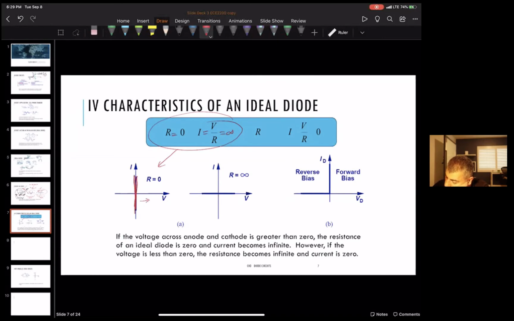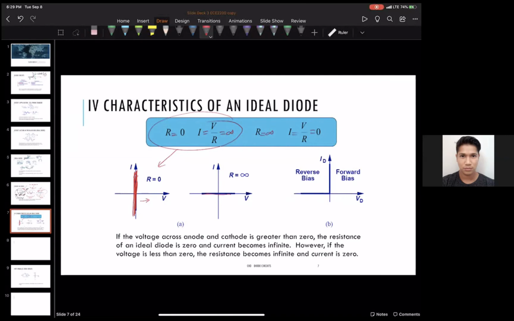In the case of a short, the voltage basically can't move higher or lower. The resistance is 0, so the current is basically infinite. As soon as it turns on, the current becomes infinite. And in the case of an open, if R is infinite, no matter what the voltage does, it just looks like a flat line.